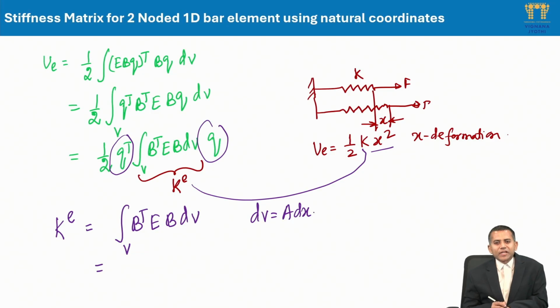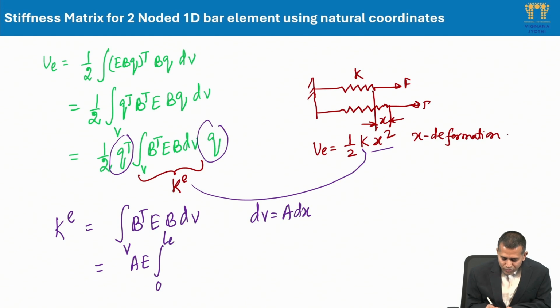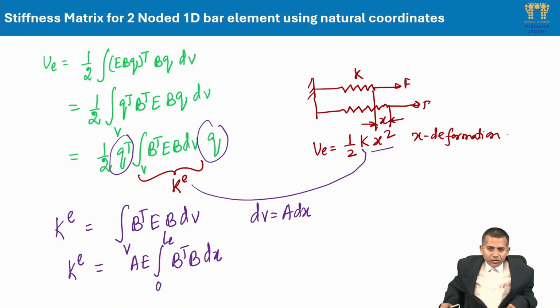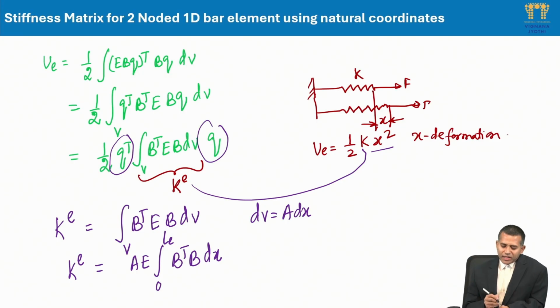Since it is a one dimensional element, the variation is only in the x direction, multiplied by the cross sectional area of that element. So I can take A into E out, then I'll get the integral from 0 to L E, where L E is the length of the element, of B transpose into B into dx. So this is the expression we got for the two noded one dimensional bar element.